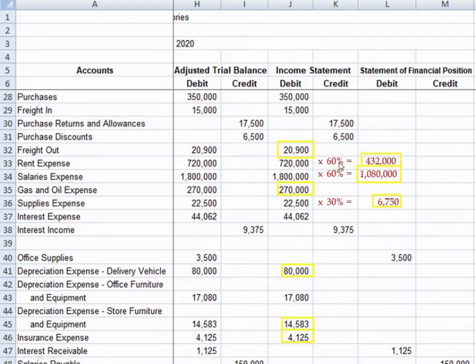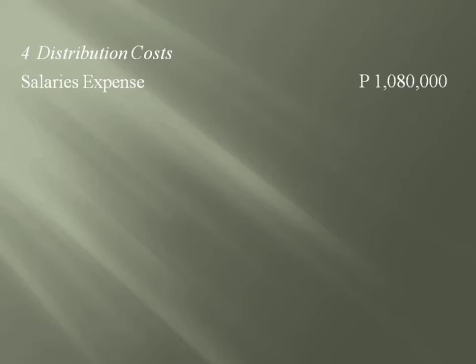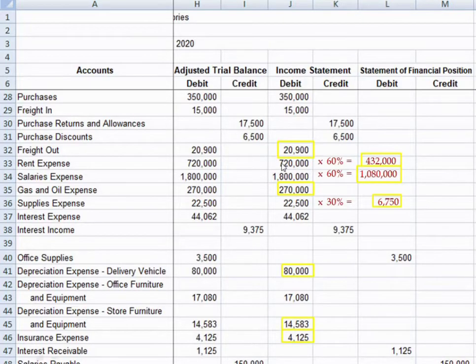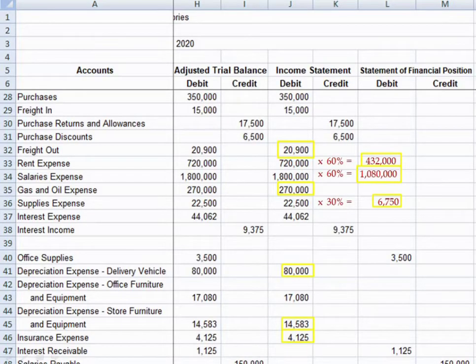Highest first. This one, 1,080,000 salaries expense. Then, 432,000 rent expense. Followed by 270,000 gas and oil expense.